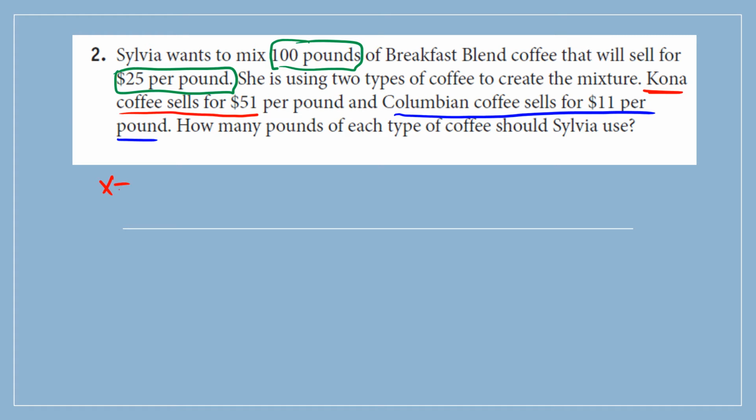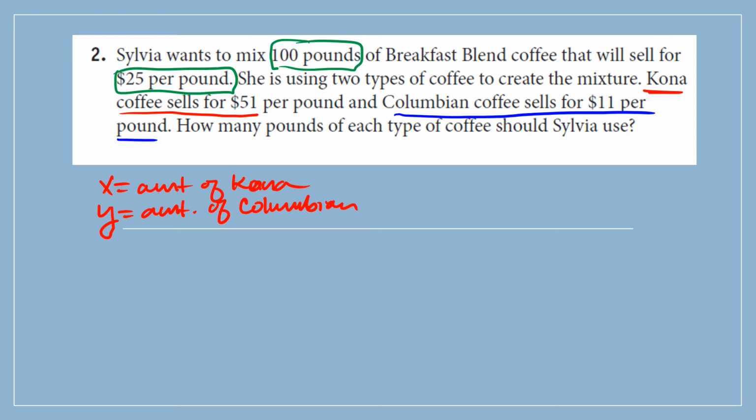So let x equal the amount of Kona, and y can equal the amount of Colombian. Those are the two things we want to find out how much we need. So you should pause this, see if you can come up with this by yourself.